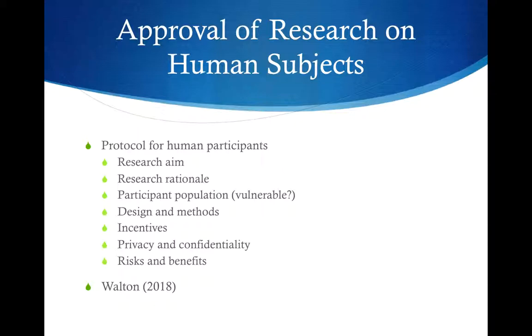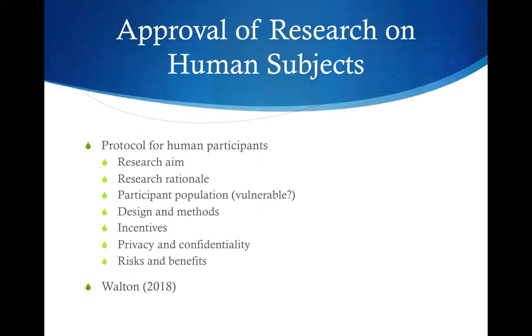What is the population that your participant pool is? Is that a vulnerable population? Once again, I'll explain what that is later. And what's the design of your study, and what methods are you using? Do those make sense for your aim and your rationale? If they don't make sense, then you're probably not going to get it approved, because they want a study that's going to help people and further researchers.